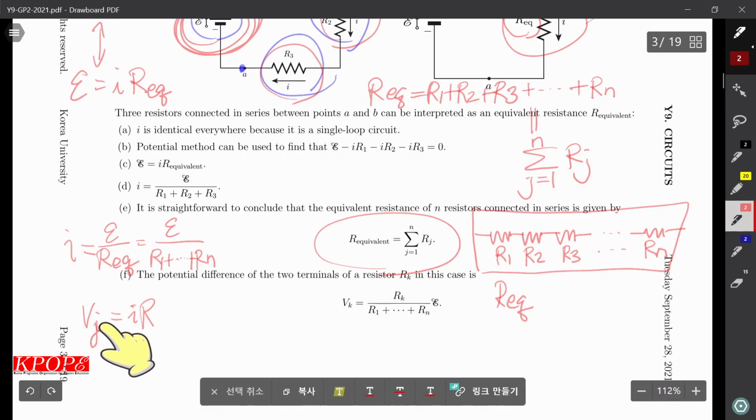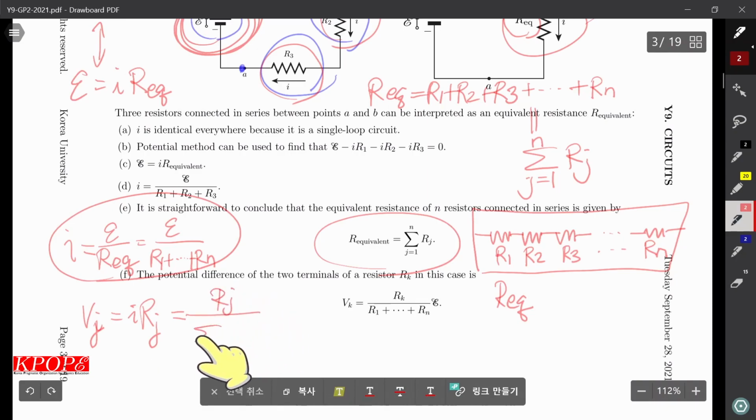Let me replace this one, Vj, Rj, because R is here. We have Rj over the sum of Rj, j runs from 1 to n, times E. Okay?